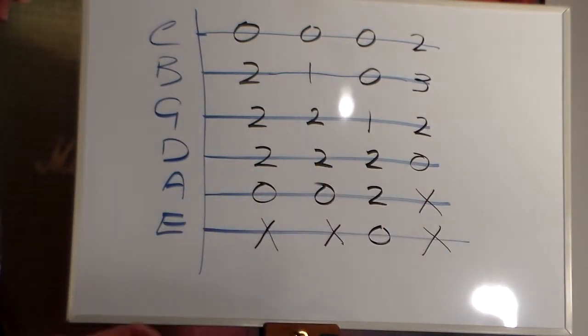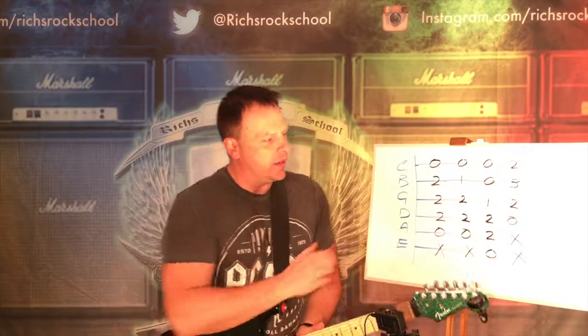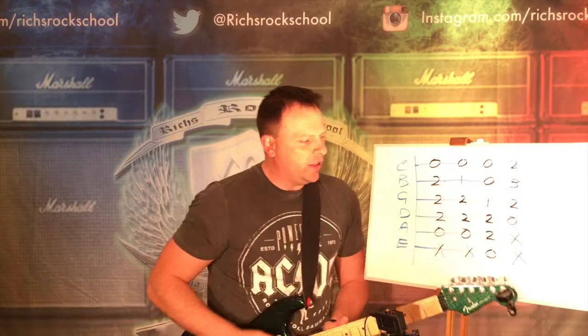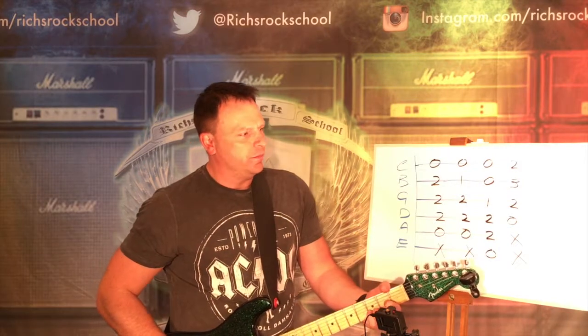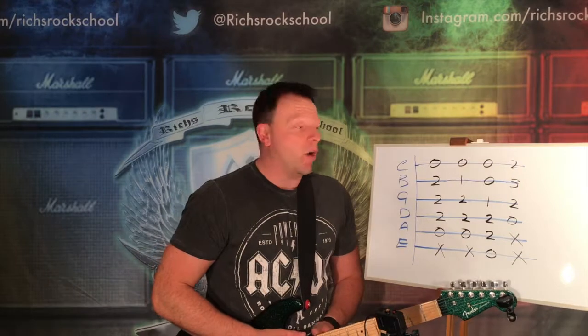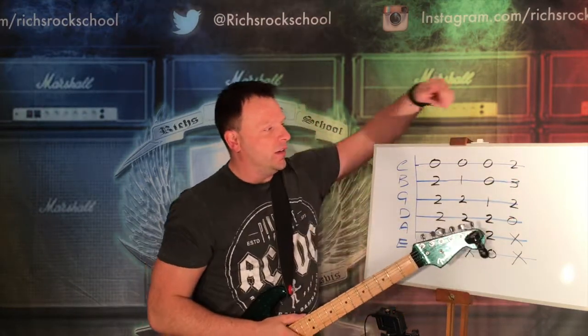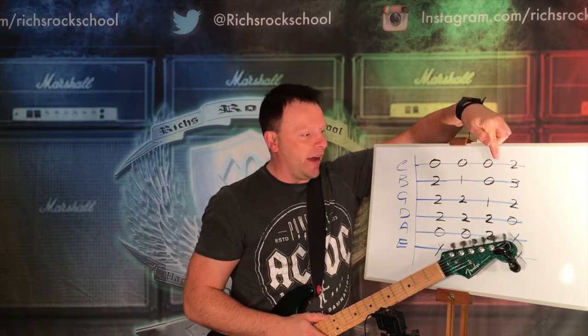This one has got 2 X's. So this last one is D major. This time, don't hit your E or your A. So in this one, we're only playing strings 1, 2, 3 and 4, the E, B, G and the open D.